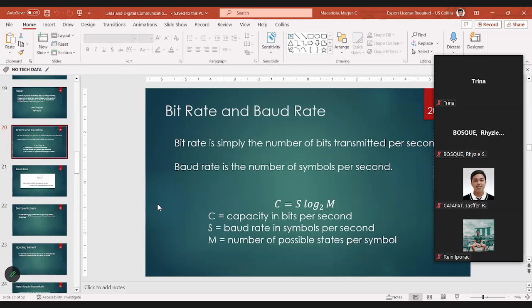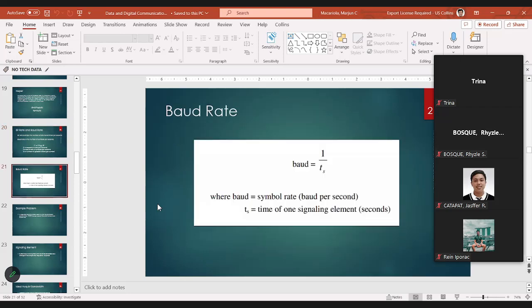This S is represented by baud rate. Baud rate, again, is symbols per second, signaling elements per second, or states per second. And M is the number of possible states per symbol. We will have problem solving later.